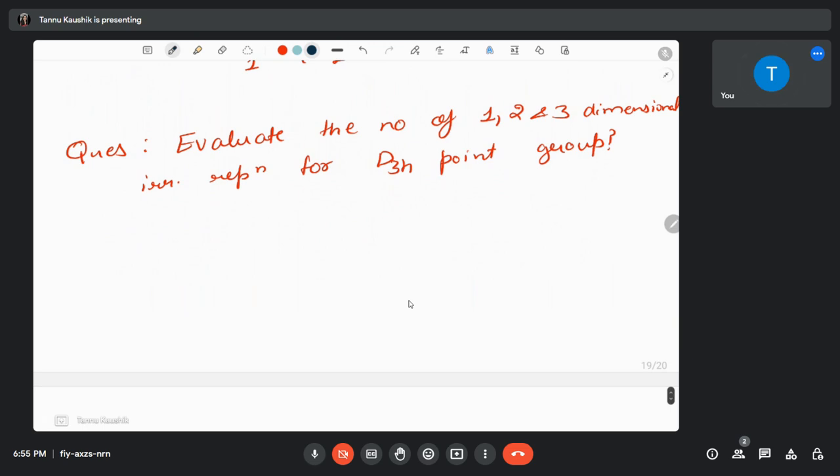So firstly, you will find out the total number of operations, that is the order of the group, which is 12, and the symmetry operations present.